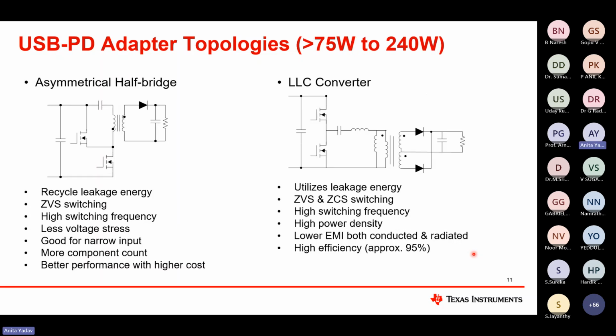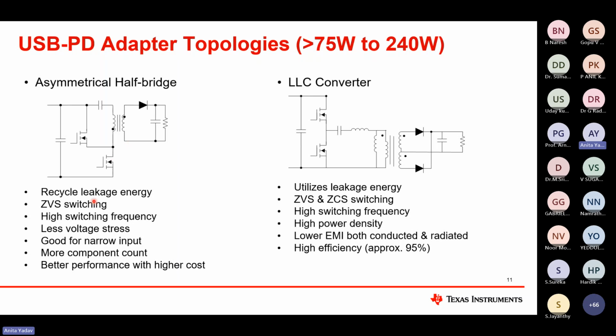Now coming to the asymmetric half bridge, this is something new which came into the market. On the primary side, it's similar to the flyback, but on the secondary side, it is similar to the LLC converter. So it's basically a combination of flyback plus LLC. I will not go so deep into this topology, as our main motto is to discuss QR flyback.